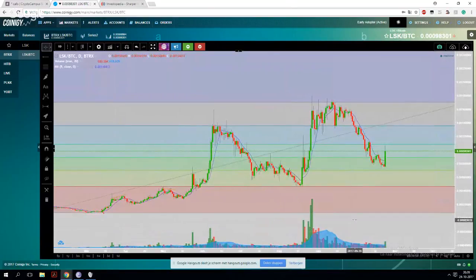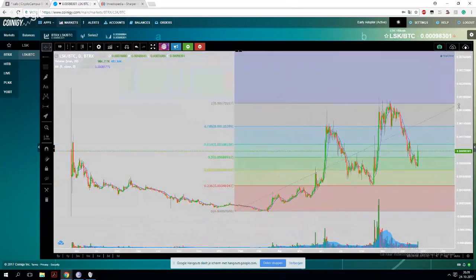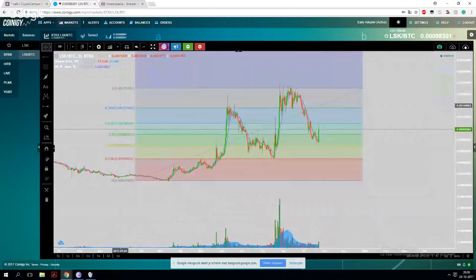Now, as you can see, there are some lines on our screen. And these lines are levels based on the mathematics of Mr. Fibonacci. And somehow in trading, these lines are always honored.